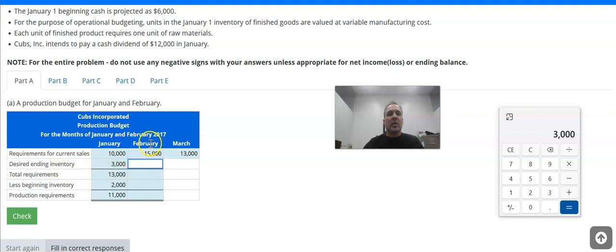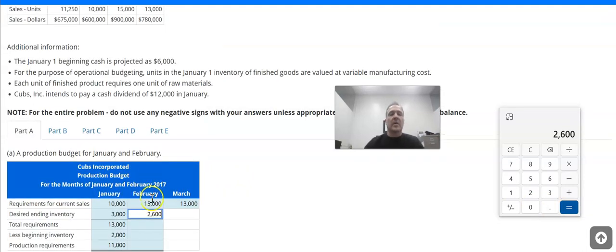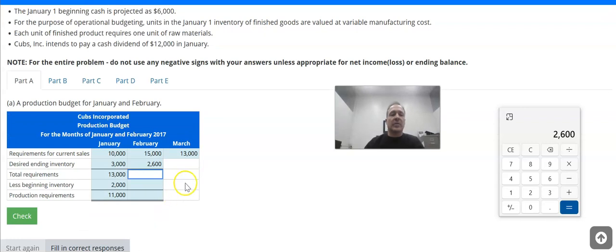For the month of February, our desired ending inventory is going to be 20% of March sales. So 20% of 13,000, so we have 2,600 here. Add those together, and that would be 17,600. And then less our beginning inventory.